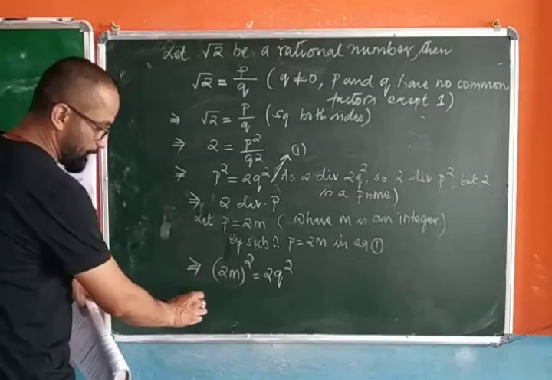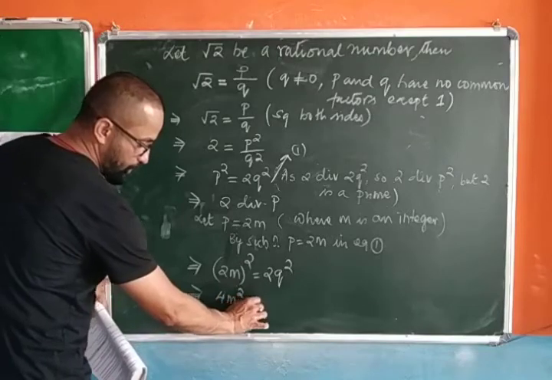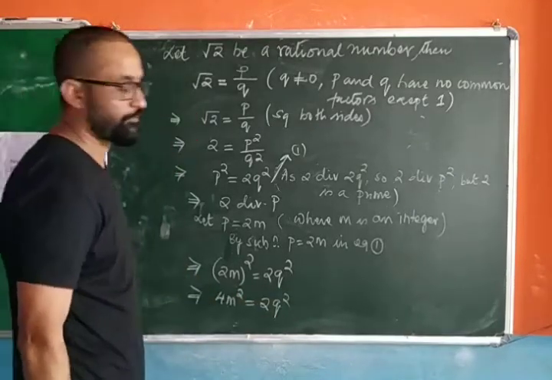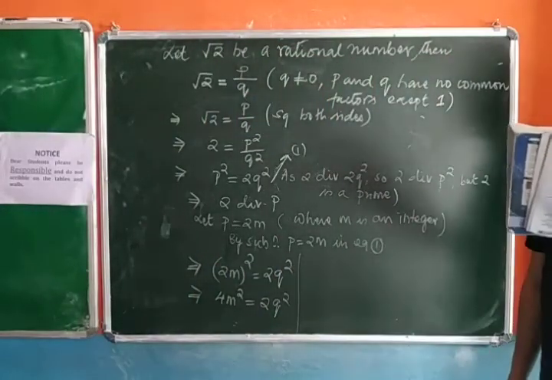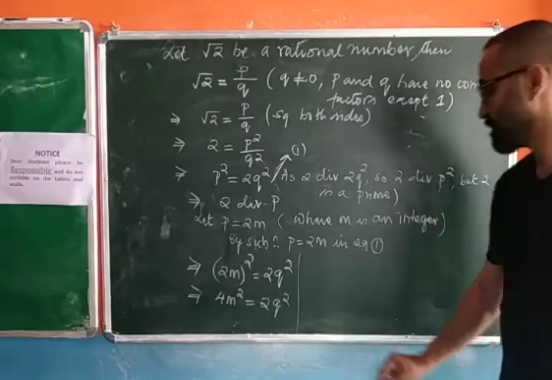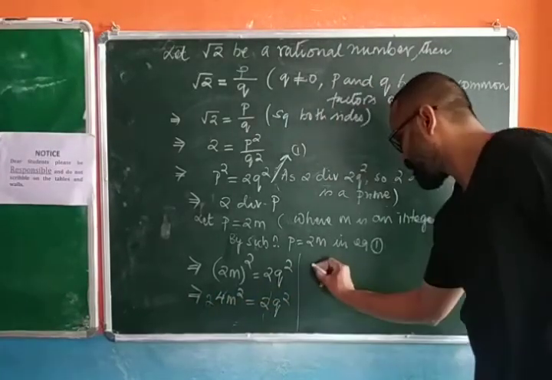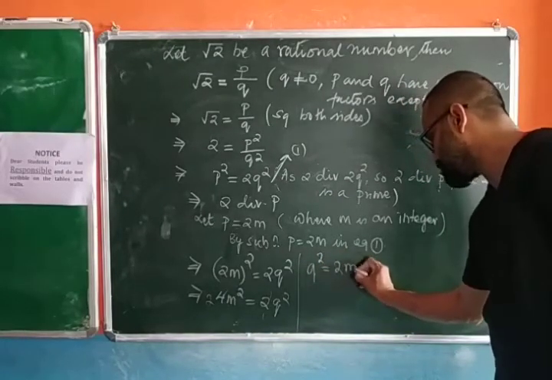We simplify this and we get 4n squared equals 2q squared. From this we make q squared the subject of the formula. We can cancel a 2, so q squared equals 2n squared.